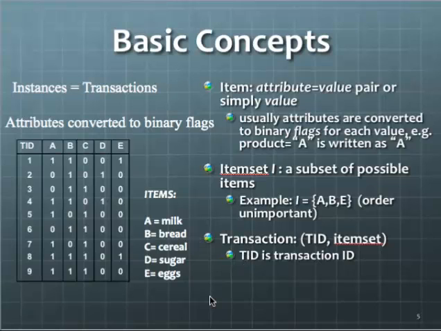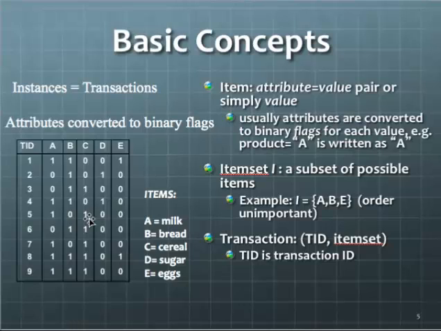The reason we need to convert the original transaction data into these binary flags is that this kind of representation will be easier for us to do the following calculations for the parameters we're going to use in association analysis.